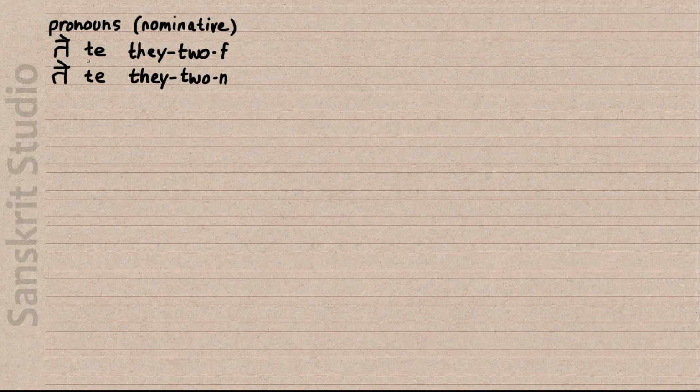So if we have, for instance, like in the first case, they two F, we can use this if we have just, well, we may have two women that we're talking about, Radha and Sita or something like that. And those two girls, when we are clumping them together, we may refer to them as te.